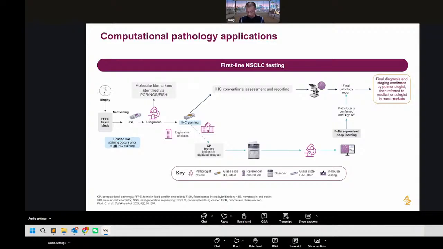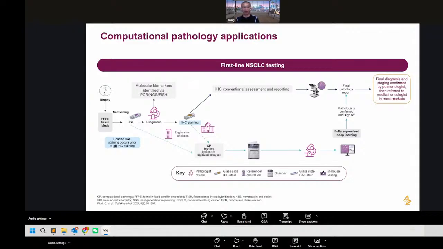Now, besides IHC staining, as earlier slides also showed, some companies are scanning the H&E slides and using H&E to predict mutations, such as EGFR mutation, HER2 mutation, BRCA mutation, or MSI. There are quite a few.